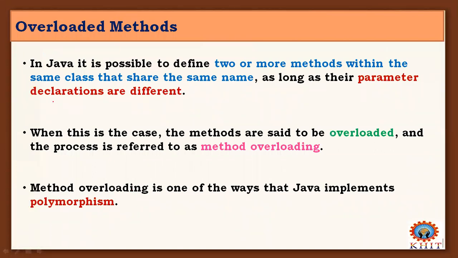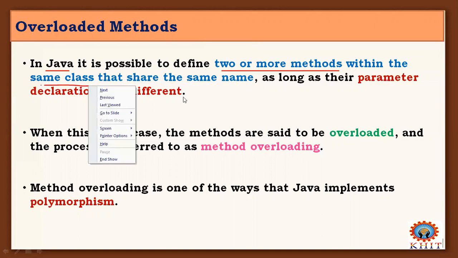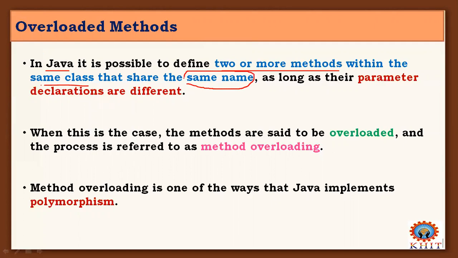Coming to here, in Java, it is possible to define two or more methods within the same class that share the same name. Here, the overloading concept, you already experienced in semester 1 in object oriented programming through C++.